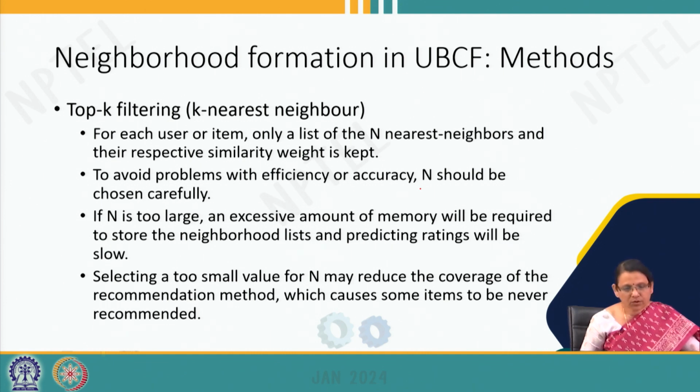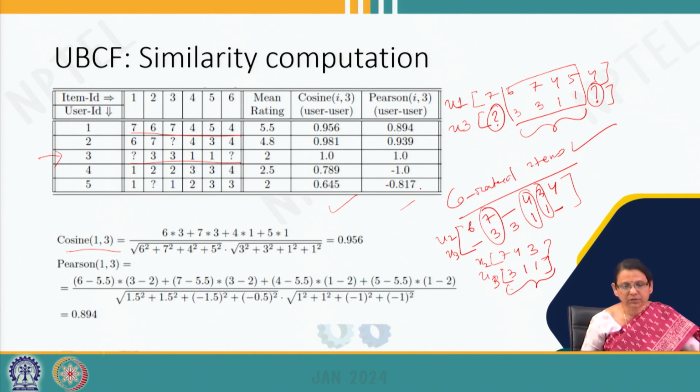In the context of this example, who are the top 2 neighbors? Wherever the similarity values are high, this is the first neighbor, this is the second neighbor. The values may be different in both similarity computations, but in this context both neighbors are the same. Of course, here the similarity value with itself is 1.